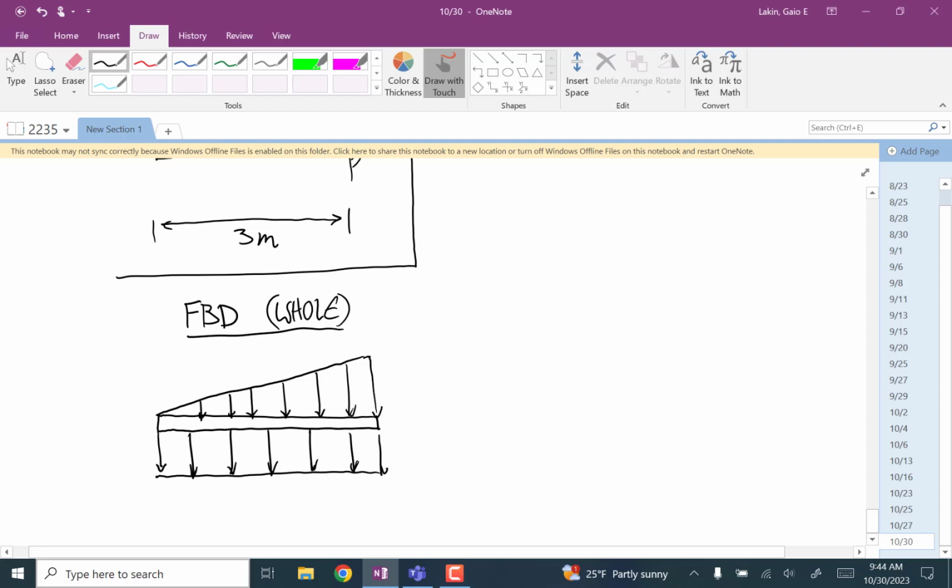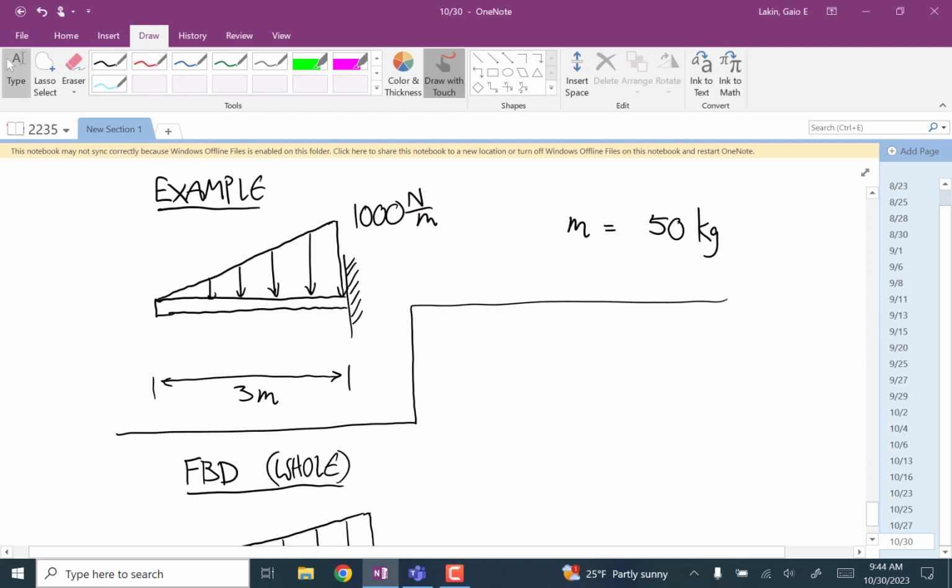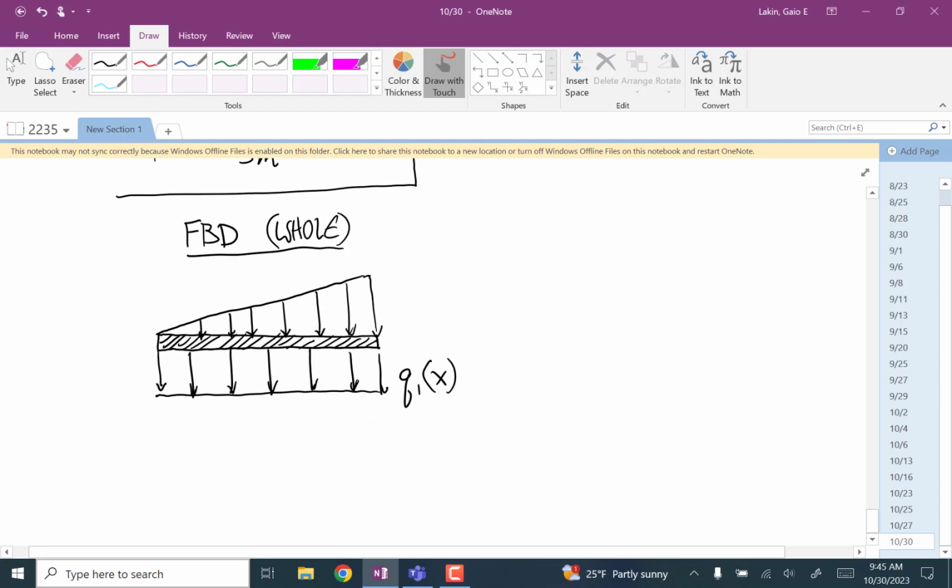The shaded part is the beam. We can think of this as being two separate distributed load functions. I'll call this one Q1, and that one's easy because it's uniform. So we have 490.5 divided by 3, so 163.5.